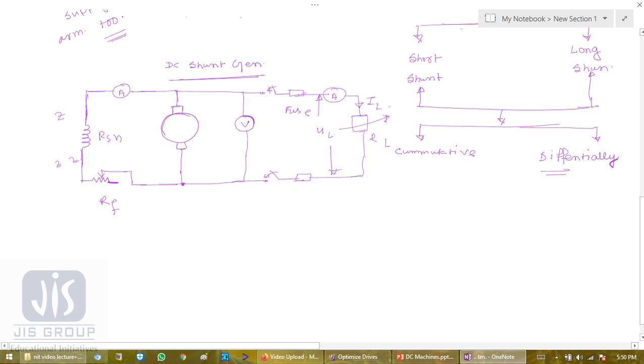So this is the generator. Here we can represent the armature resistance with a source.